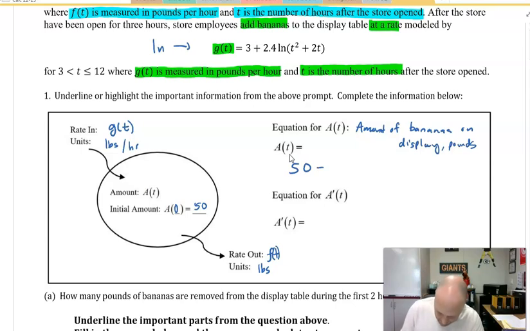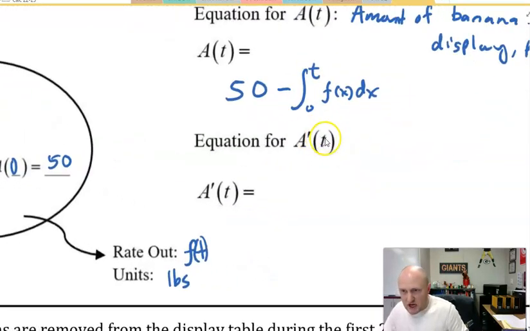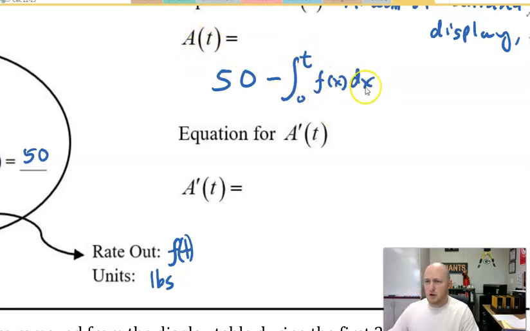And then minions come into the store, and at time 0 and up until a given time t, we're taking these away. So this is the integral of f of x dx. And the variables change. You want your variables to be different here, because when we end up plugging in t, it can't be the same variable. Okay, there it is, and I'm going to add.